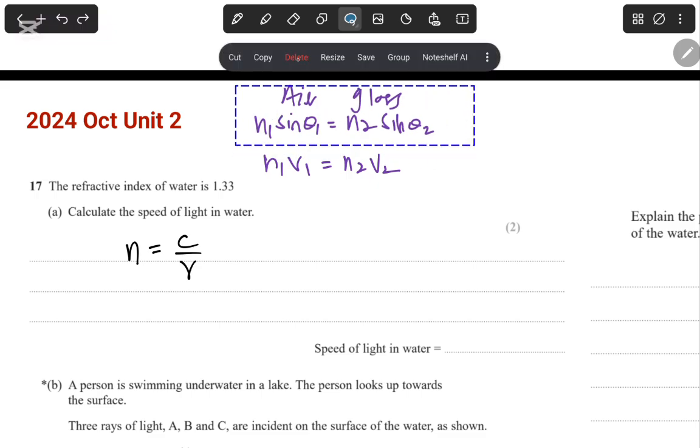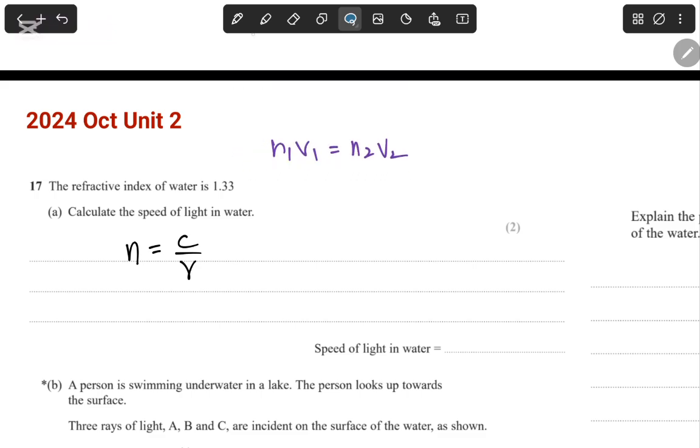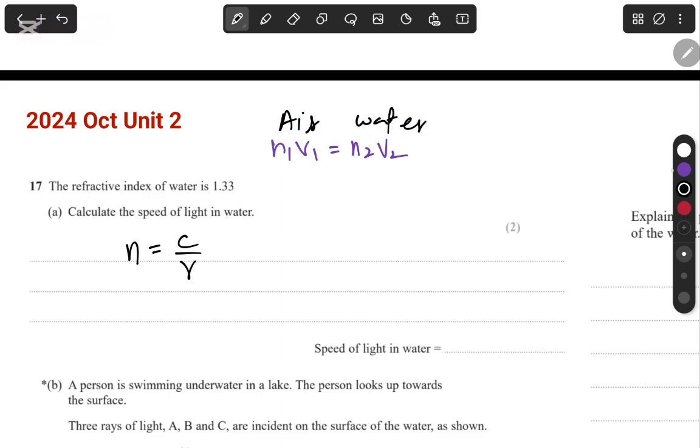So let's say that we're going from air into water. Now in air, the refractive index n1 is just 1, so we cancel this out. And v1, which is the speed of light in air, is approximately equal to c, the speed of light.